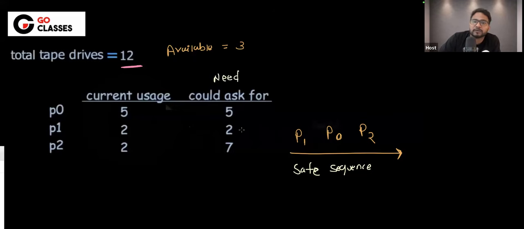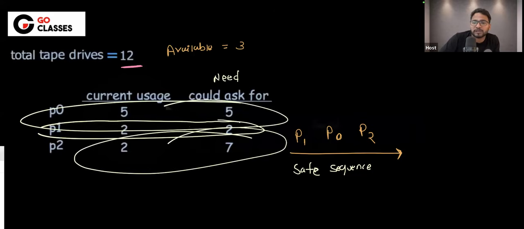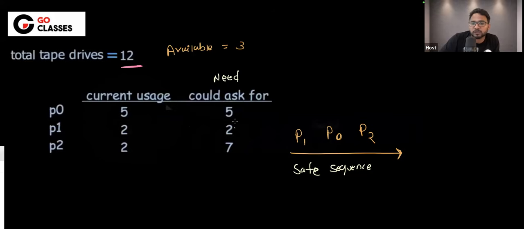But it doesn't mean that they will definitely ask for two, five, or seven. This sequence I have determined assuming that in the worst case, even if P1 asks for the maximum of two, and they all ask for the maximum, I'm not assuming that this is going to ask for lesser than two, or lesser than five, or lesser than seven. I'm assuming that in the worst case maximum they can ask for this, right?